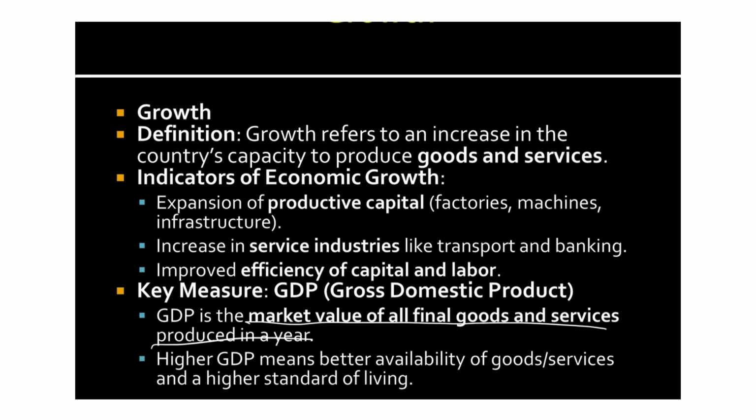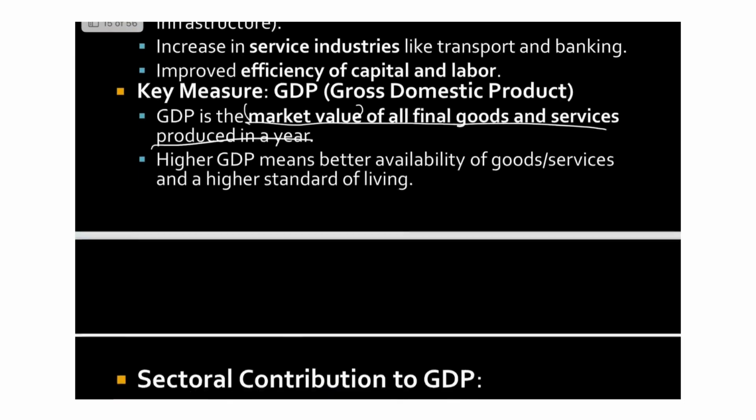You can visit that and learn what GDP is and why we call it a market value. Okay, so higher GDP means better availability of goods and services and a higher standard of living. So higher GDP is also one of the indicators of growth.